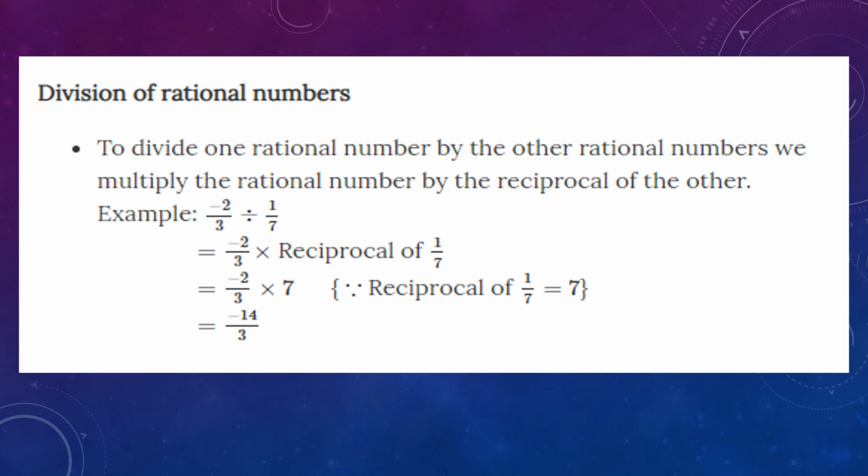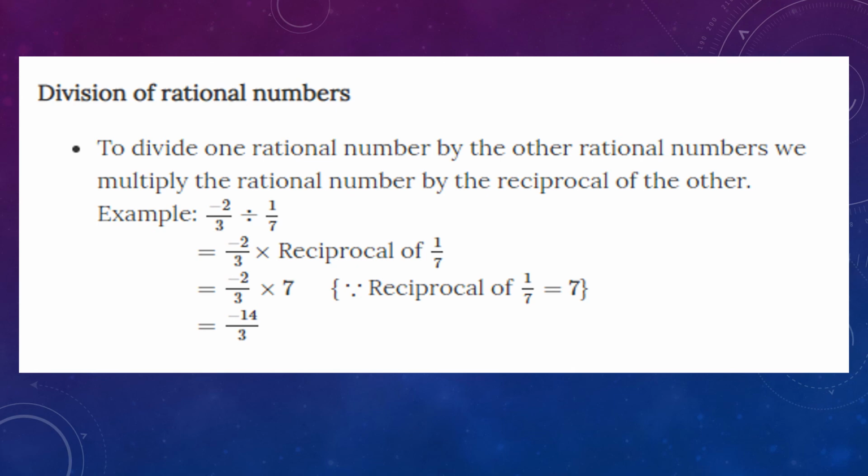Divisor means the second rational number, not the first rational number. The second rational number's reciprocal is to be taken and then multiplied with the first. The first rational number does not change. Therefore, you will get the answer as negative 2 by 3 into 7 by 1.